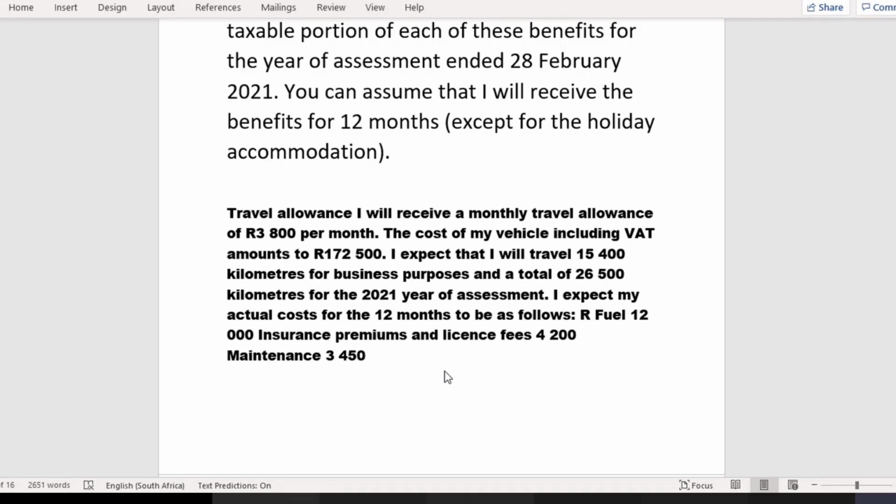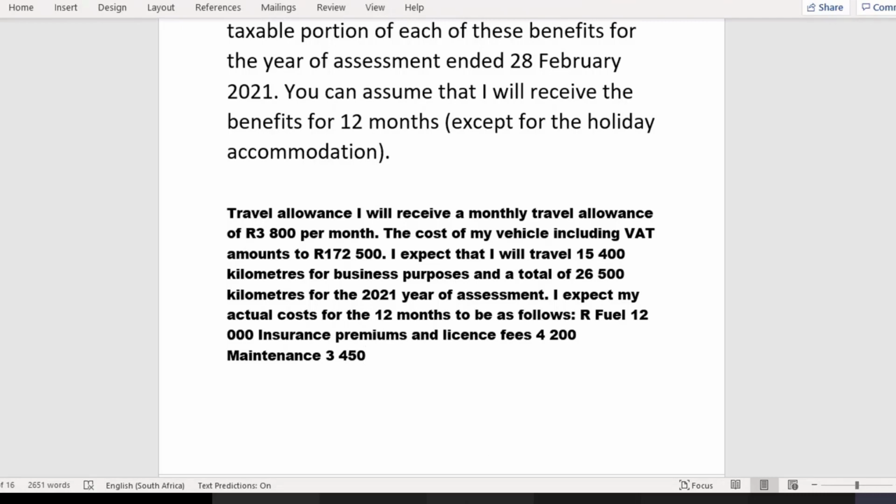I accept that I will be traveling 15,400 kilometers for the business, and the total will be 26,500 kilometers for the 2021 year of assessment. I expect my actual cost for 12 months to be as follows. I've got fuel of 12,000 Rand, an insurance premium as well as the license fees of 4,200, including the maintenance cost.